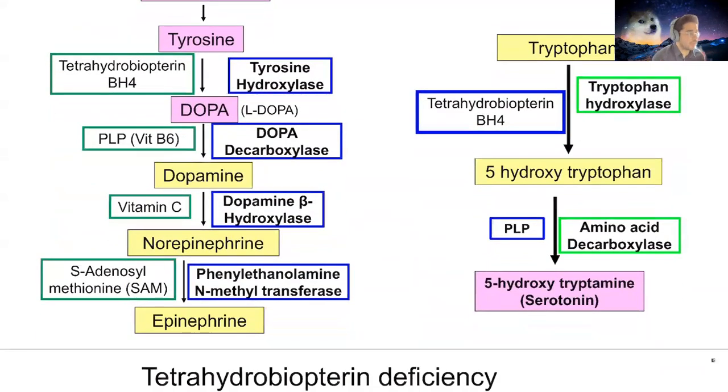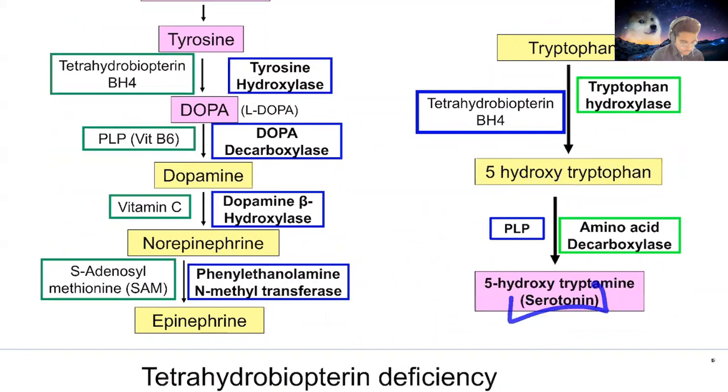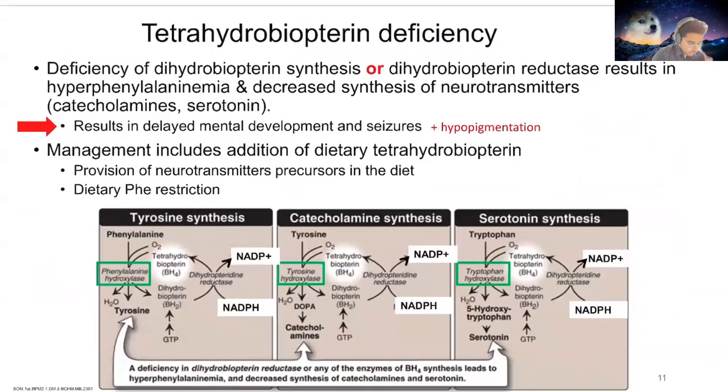And there it is, right? 5-hydroxytryptophan, right? You need it eventually to create your serotonin. So implicated ones, right here, right here, and that's the essential one to keep in mind, and you should be good. We're also going to talk about SAM in a bit so that you guys know.